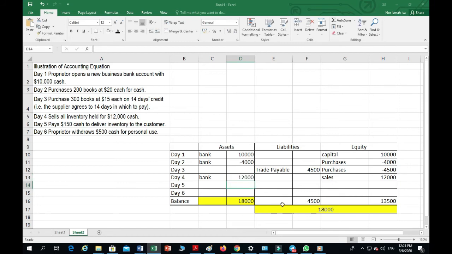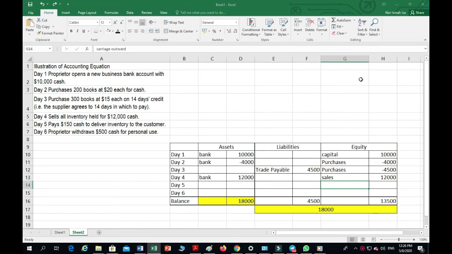So for the financial position to date, the asset will show the amount of 18,000 and liability plus equity now increased to 18,000 also, which is the increase in equity to 13,500. So we can see that this equation is correct, equaling asset with the liability plus equity.